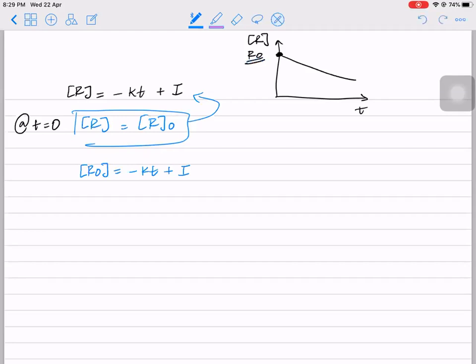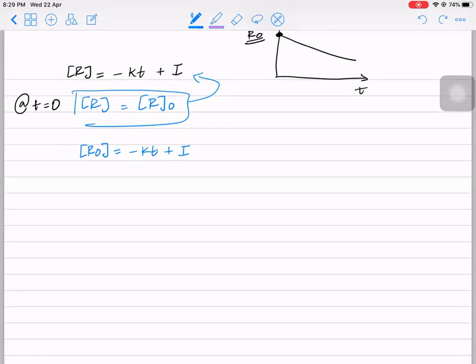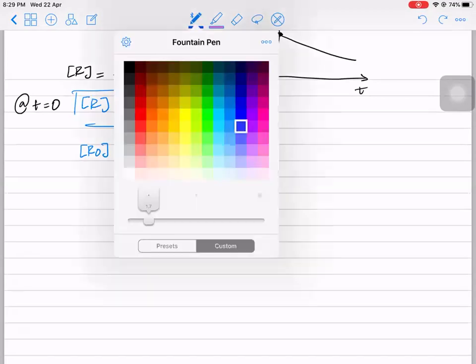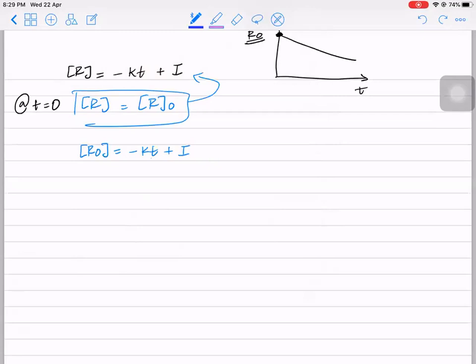I'm talking about instantaneous rate here, at a specific time. Now what is time? 0. So R naught equals -k times 0, because time is 0, plus I. K times 0 is 0. So R naught equals I.